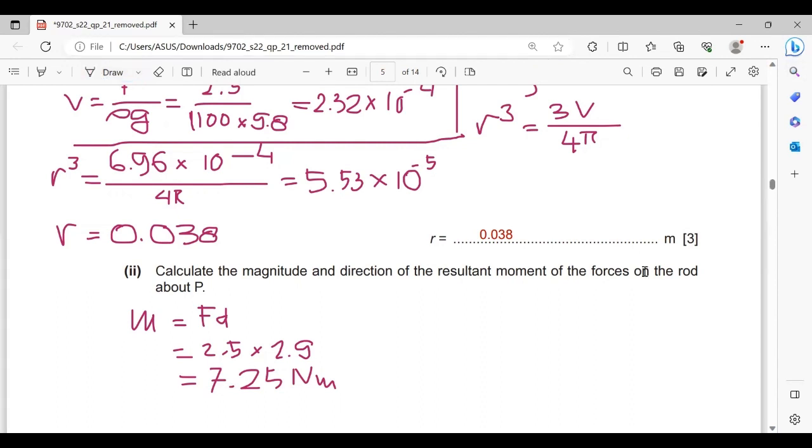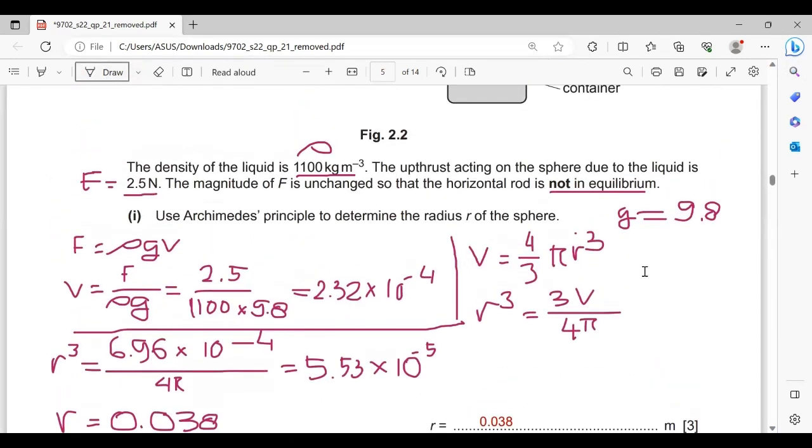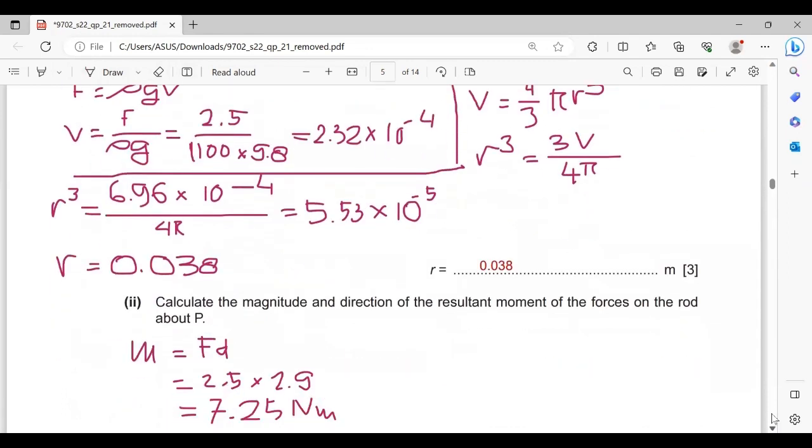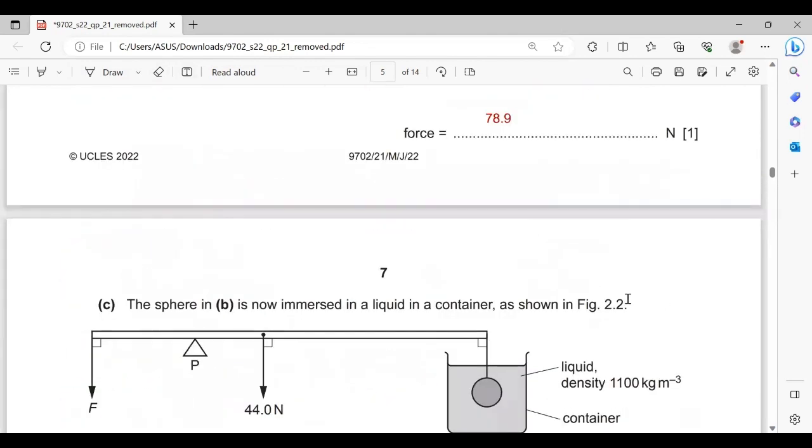Why 2.5 Newton? Because of this F: F equals 2.5 Newton, while 2.9 is the distance, 4 minus 1.1, this is 2.9, D3.